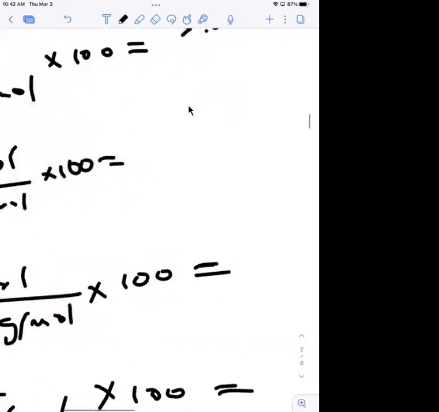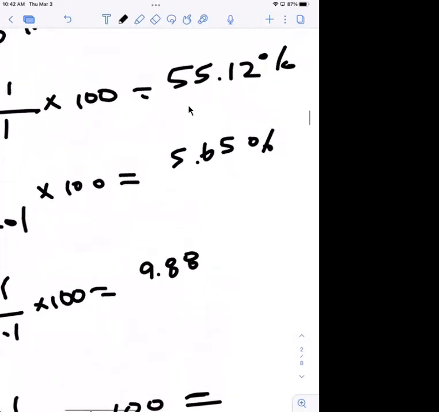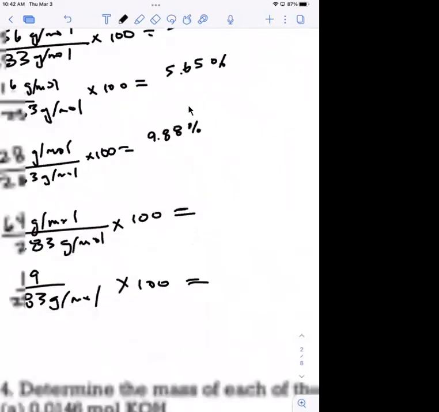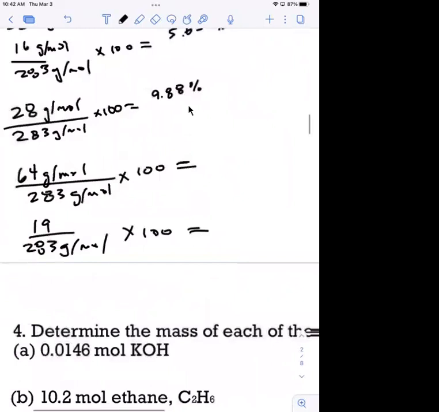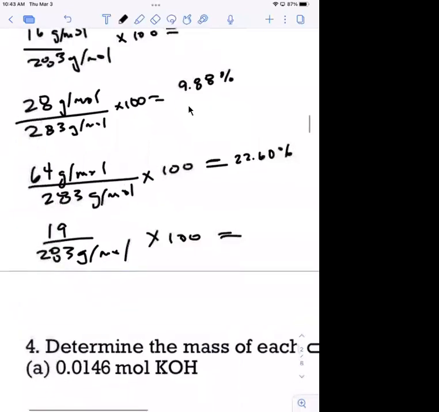Okay, 9.9. We'll leave it because we got 3 sig figs on all of them, well, the top one has 4, but we'll leave it at 9.88. All right, and then oxygen. 22.60. And then what about fluorine?